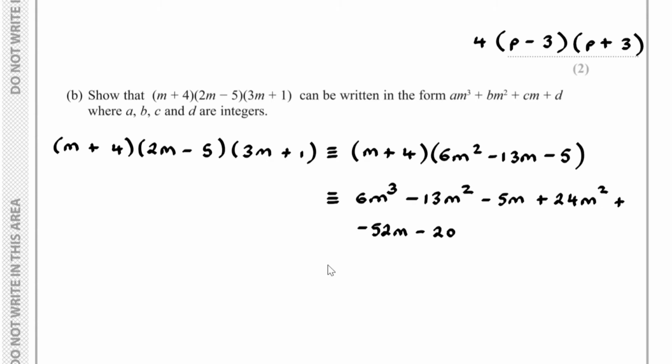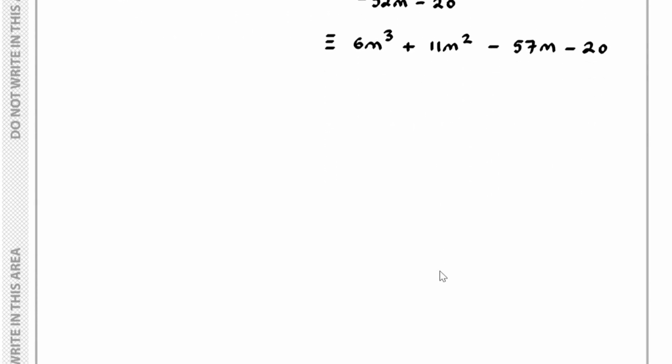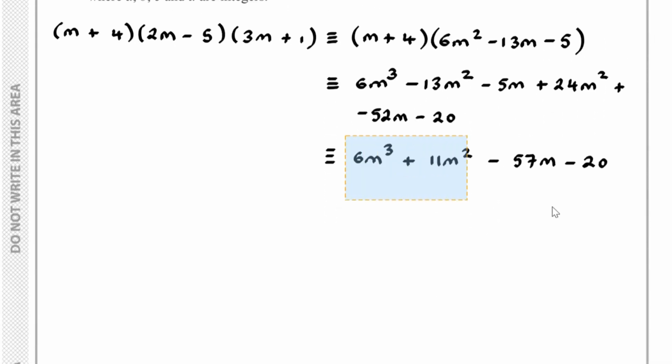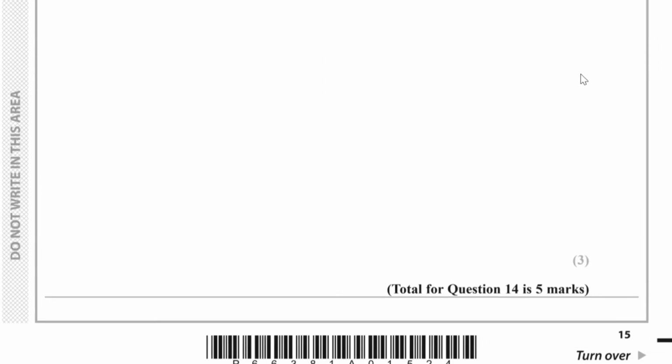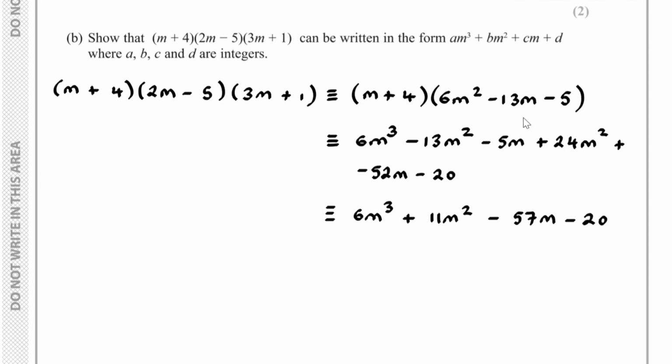And so if I simplify all this, I've got 6m cubed plus 11m squared minus 57m minus 20. And so here is my expanded expression.